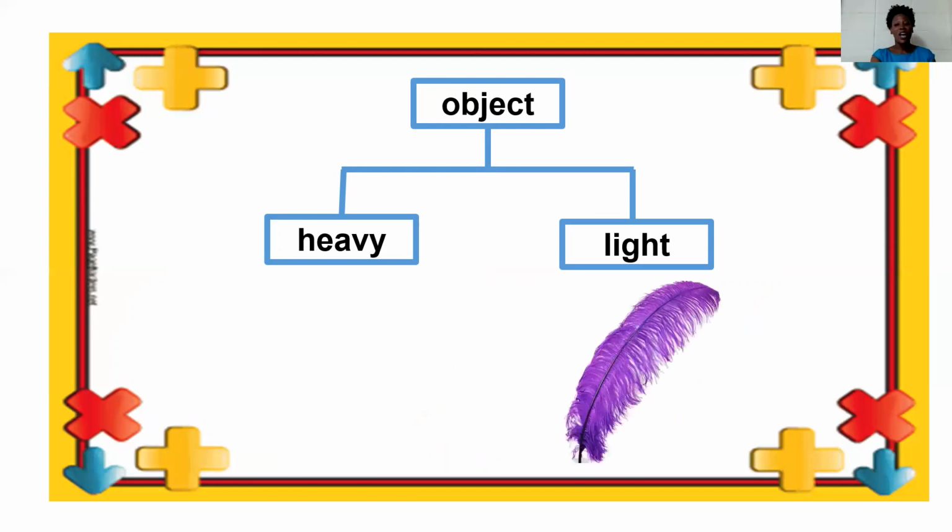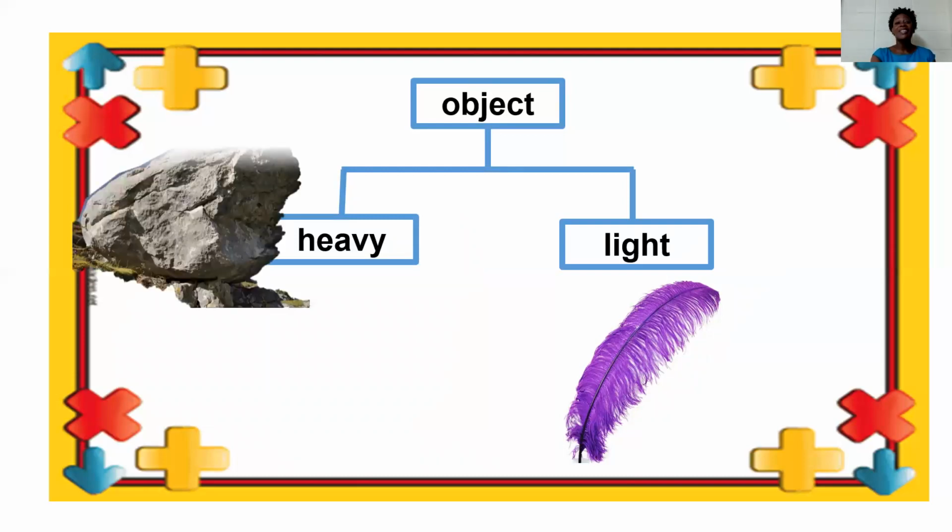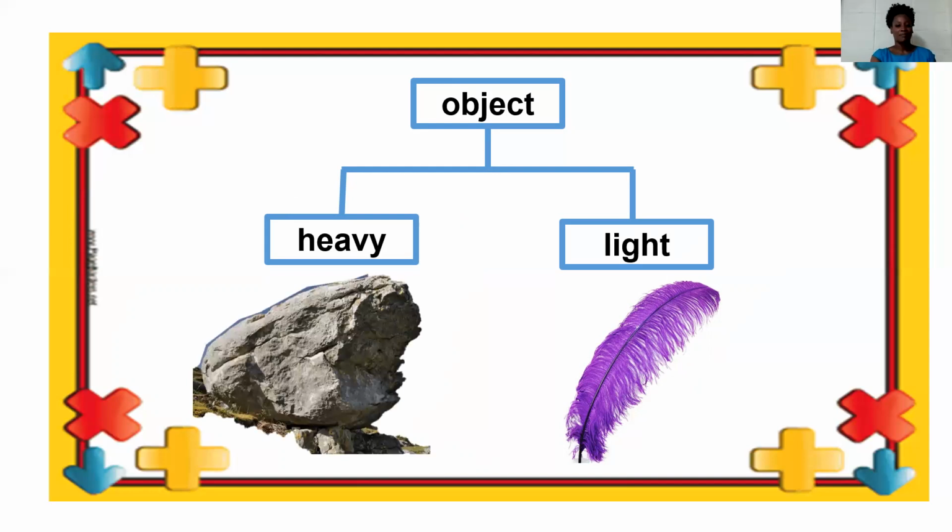Very good. The feather is light. What about the rock? Is it easily lifted? No, it is not. So, is it heavy or light? Excellent. The rock is heavy.